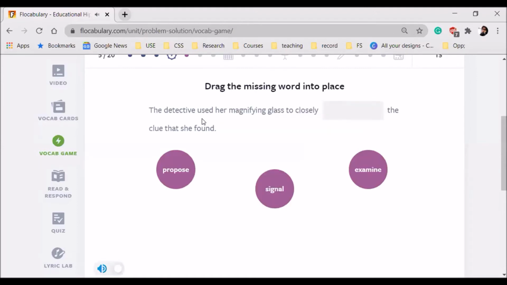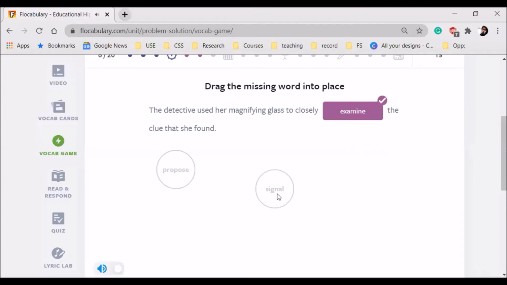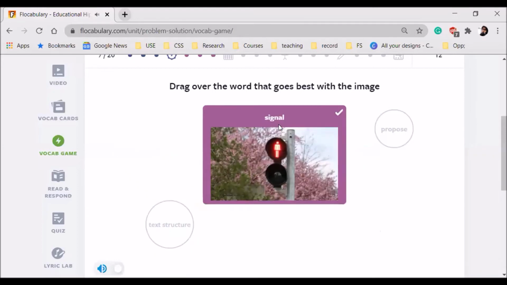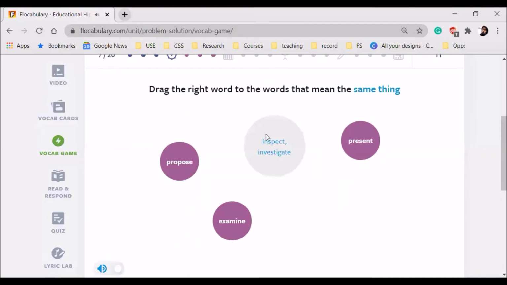Observe. The detective used her magnifying glass to closely examine. Very good. Drag over the word that goes best with the image. Signal. Okay, the same meaning. Inspect and investigate. Examine.